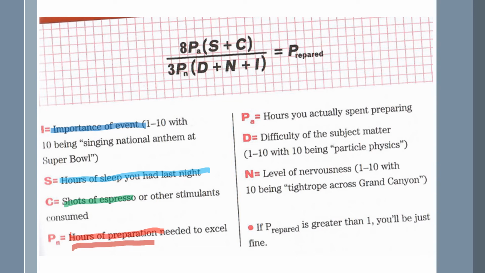Okay? This other variable, P of A, is how many hours I actually studied. Like if I study just 1 hour out of the 10, 1 out of 10 is 10%. So I've got a low chance of passing my test. All right. D talks about the difficulty of the subject matter.